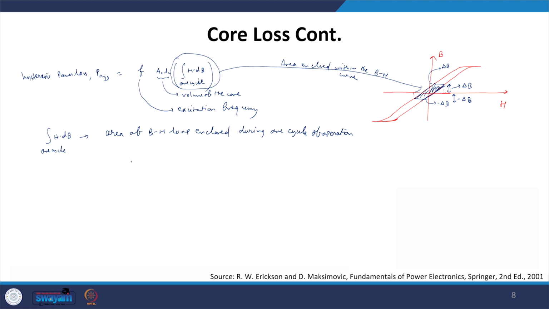So we can write the hysteresis power loss as proportional to f delta B raised to the power alpha times Ac Lc, where alpha is a constant that depends on the material property, f is the frequency of excitation of the winding, Ac Lc is the volume of the core, and delta B is the peak value of the AC flux density, from the average value.